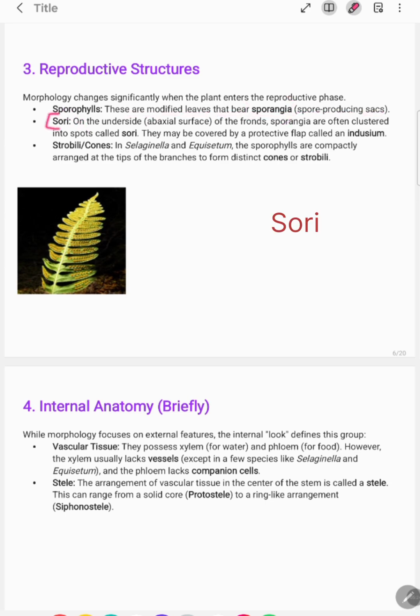Now what are sori? Here the pteridophyte leaves are referred to as fronds.